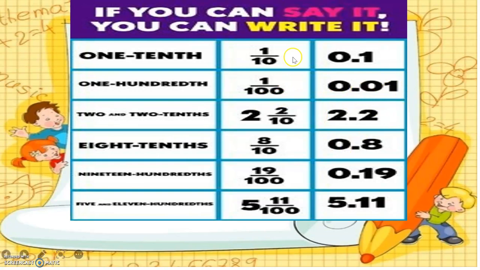So 1/10 is 0.1. 1/100 is 0.01. 2 and 2/10: this is 10, that's why there is only 1 decimal place, 2.2. 8/10 is 0.8. 19/100 has 2 decimal places, 0.19. 5 and 11/100 is 5.11. 100 has 2 decimal places, so the answer is 5.11.